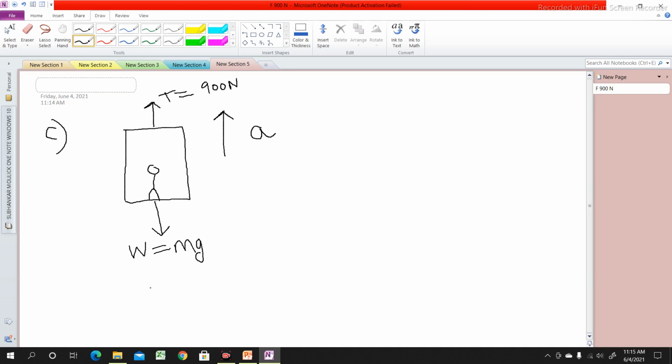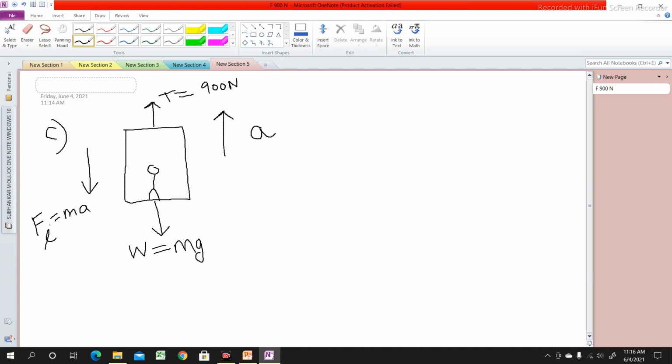Clear? Now since the lift is moving vertically upward with acceleration A, in order to maintain the dynamic equilibrium of this lift, I need to apply inertia force in which direction? Vertically downward. So this will be the direction of inertia force. Its value will be Fi is equal to Ma.